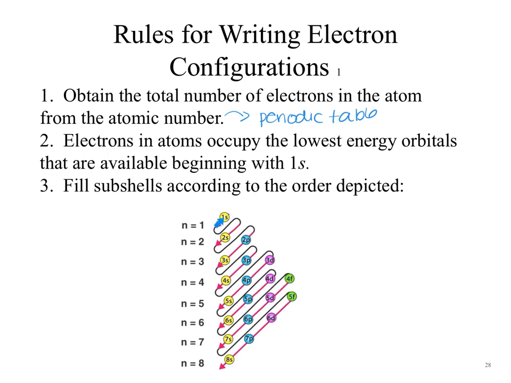And then you draw an arrow and you say, hey, look, we're going to start with the 1s, and then we're going to fill up the 2s, and then the 2p and the 3s, and then the 3p and the 4s, and then the 3d, 4p, 5s, and you follow it around like this. I used this on my exams when I was a student a lot to help me figure out what order I needed to fill up these orbitals.